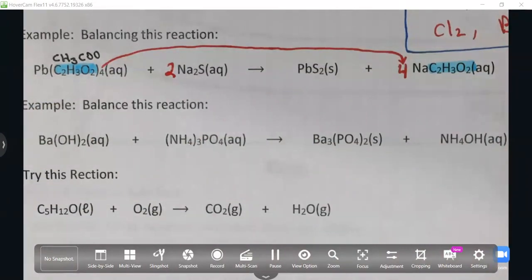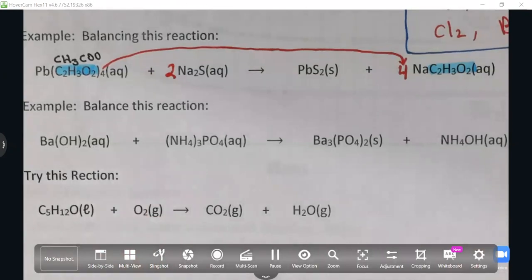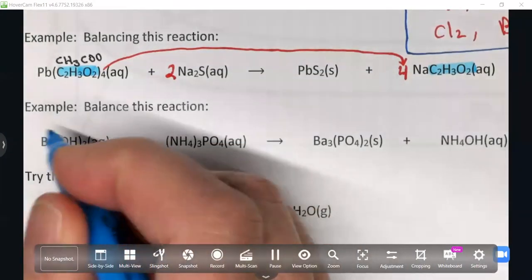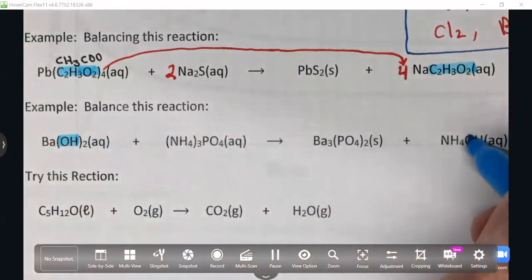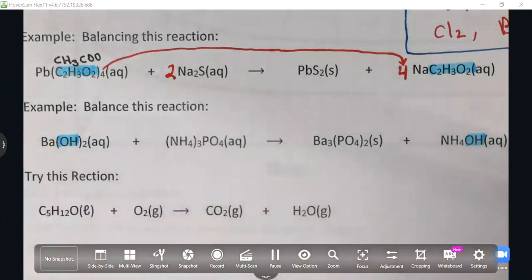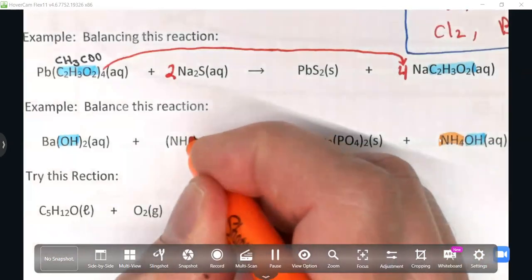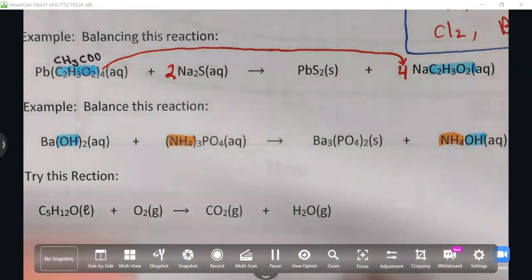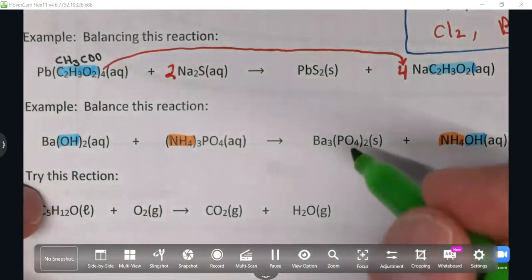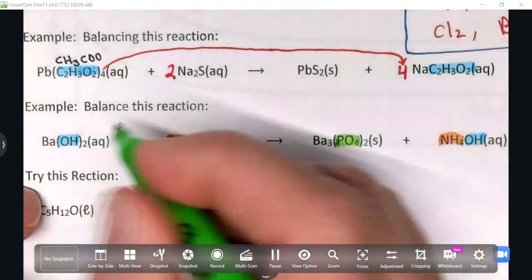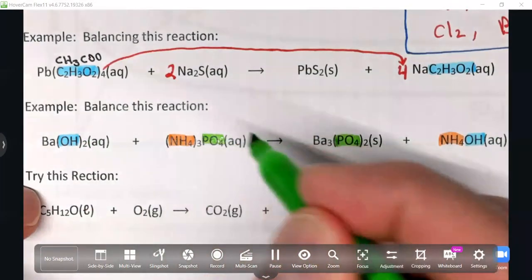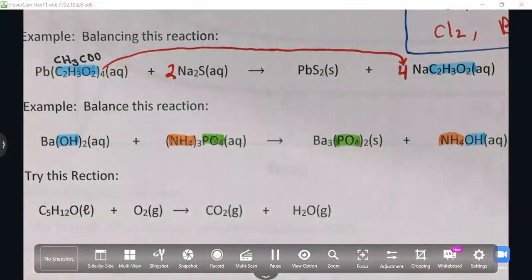Okay, let's do this one right here and see what we got. We have polyatomic ions all over the place in this one. We've got hydroxide, ammonium, and phosphate.